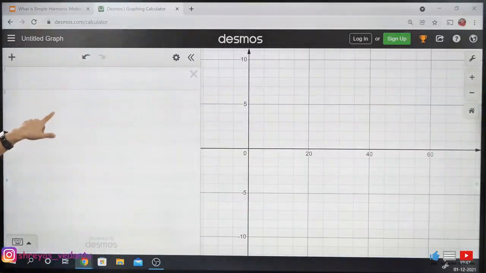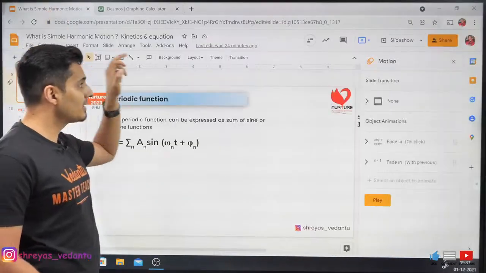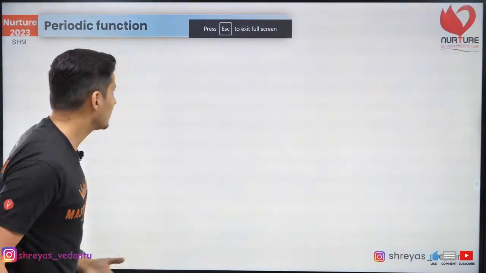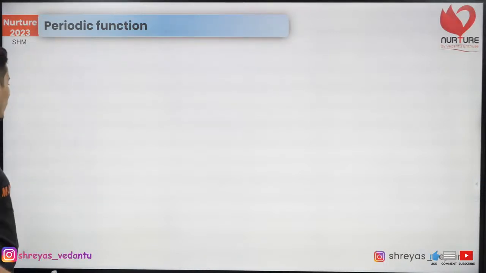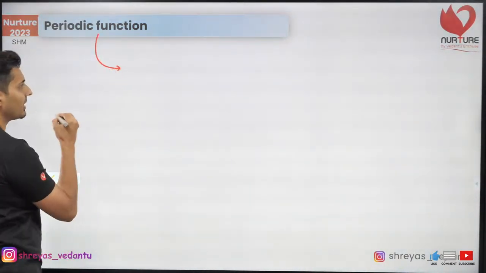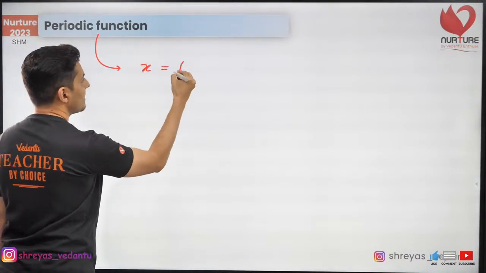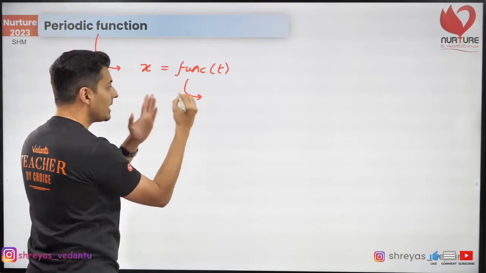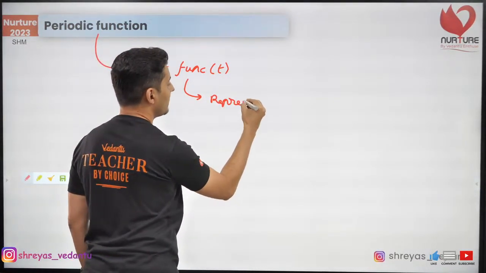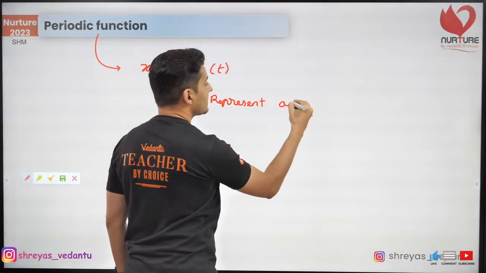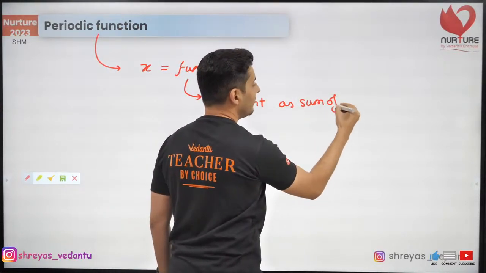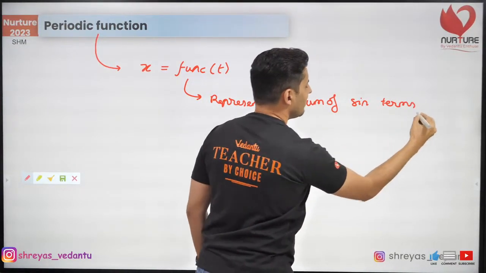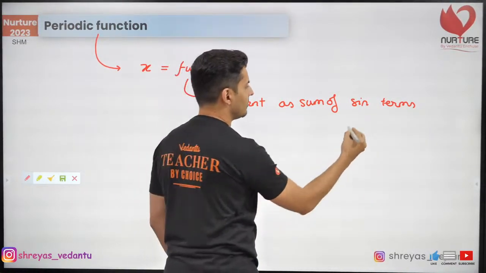So we just saw that by adding some sine terms, you got a periodic function. That's exactly what I wanted to tell you. Any periodic function where x is some function of time can be represented as the sum of some sine terms, but there is no harm in using cosine terms also.